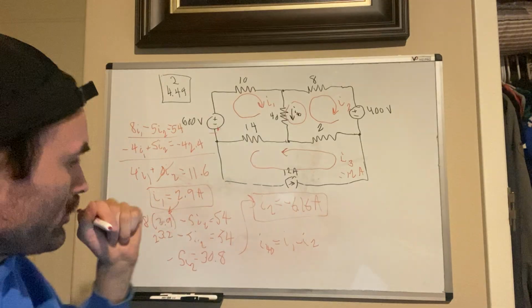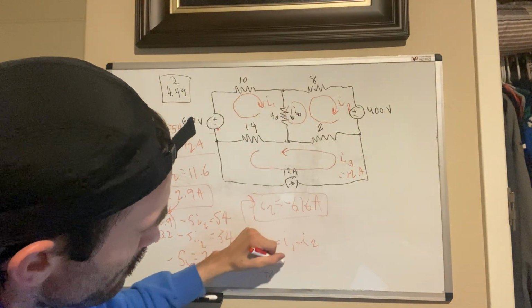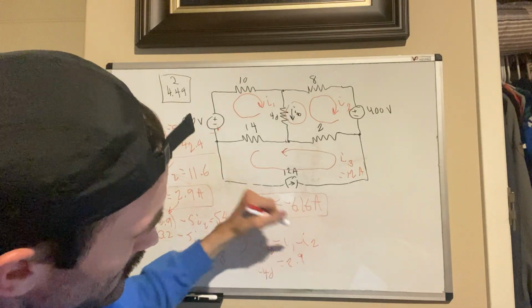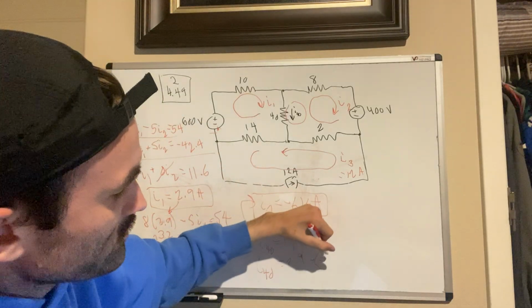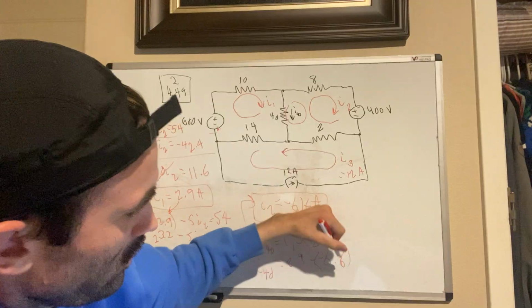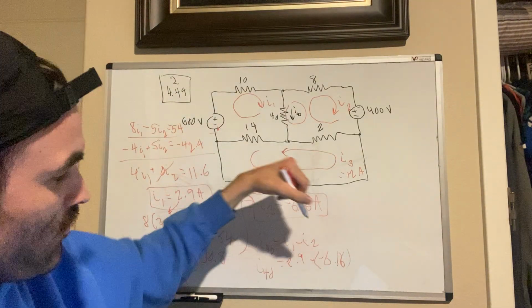So let's plug in our values. We have I40 equals I1, which is 2.9, minus, now we have a negative 6.16. This is really messy looking. And if you add those together, what do we get?